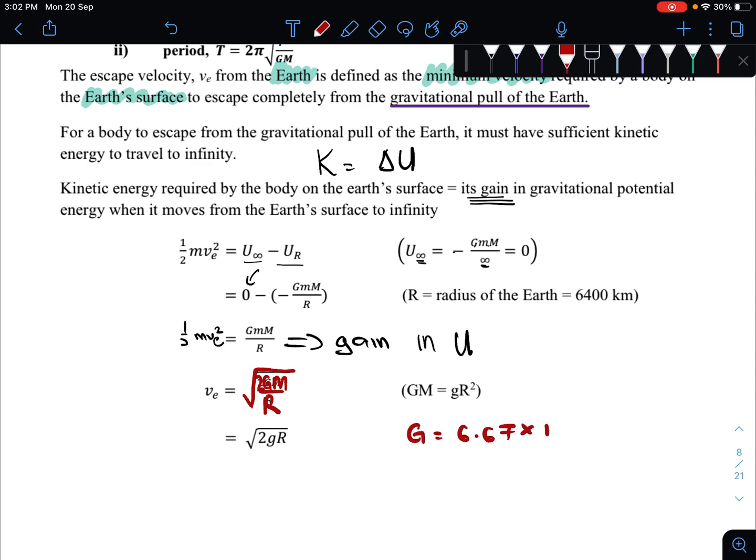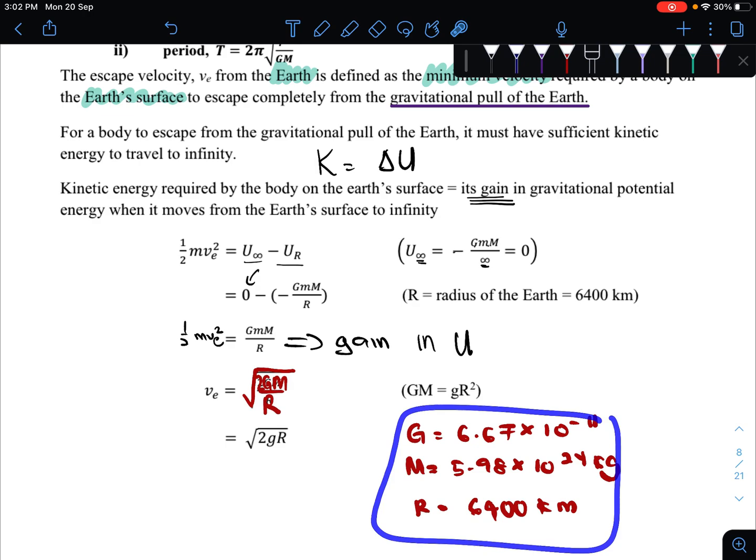G is 6.67 times 10 to the power negative 11. Mass here is the mass of Earth, which is 5.98 times 10 to the power 24 kg. And R here is the radius of Earth, 6,400 km. So all these values are constant here.